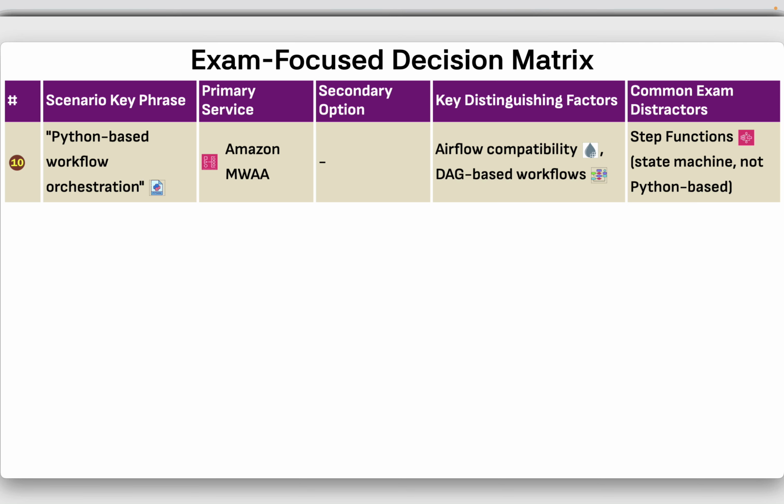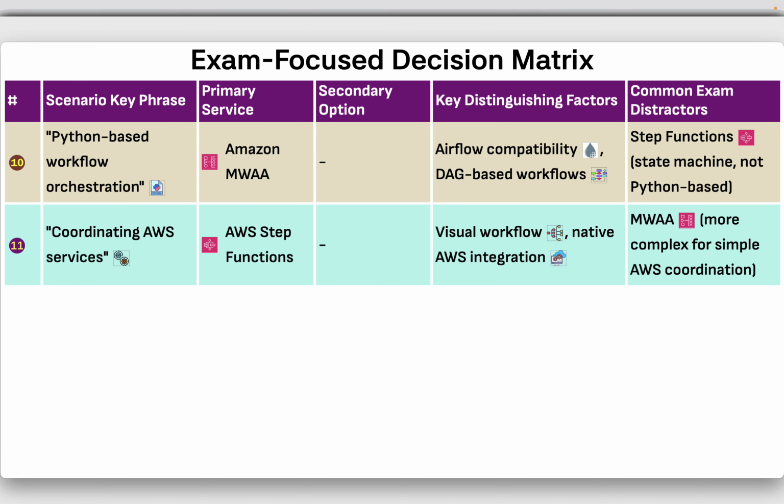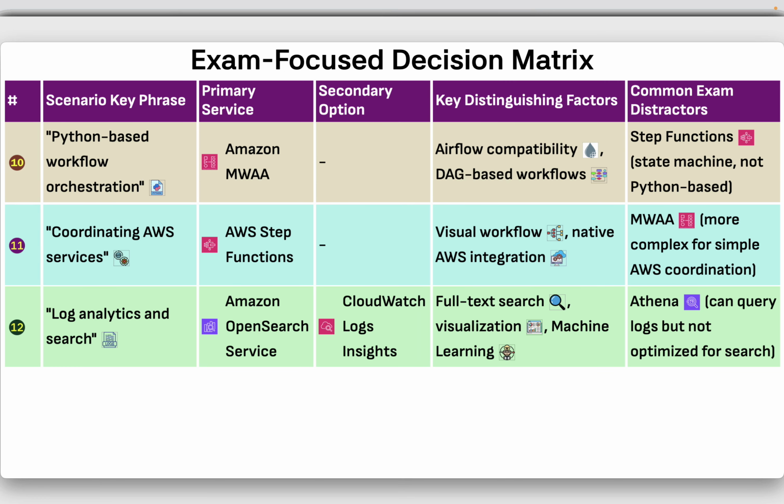So that is the different thing. Coordinating AWS services: only one option, luckily, you can go with AWS Step Functions. Key distinguishing factors are visual workflow and native AWS integration. Common exam distractors could be, again, Managed Workflows for Apache Airflow, which is more complex for simple AWS coordination.